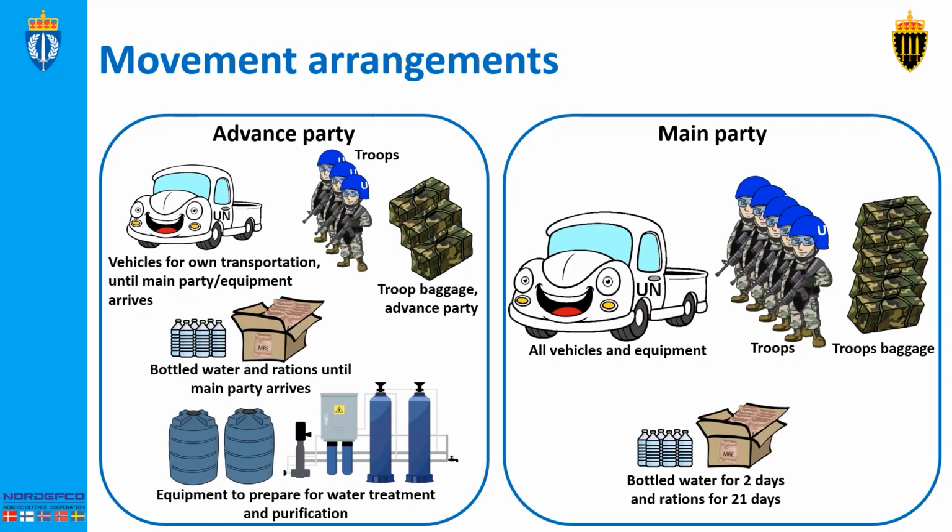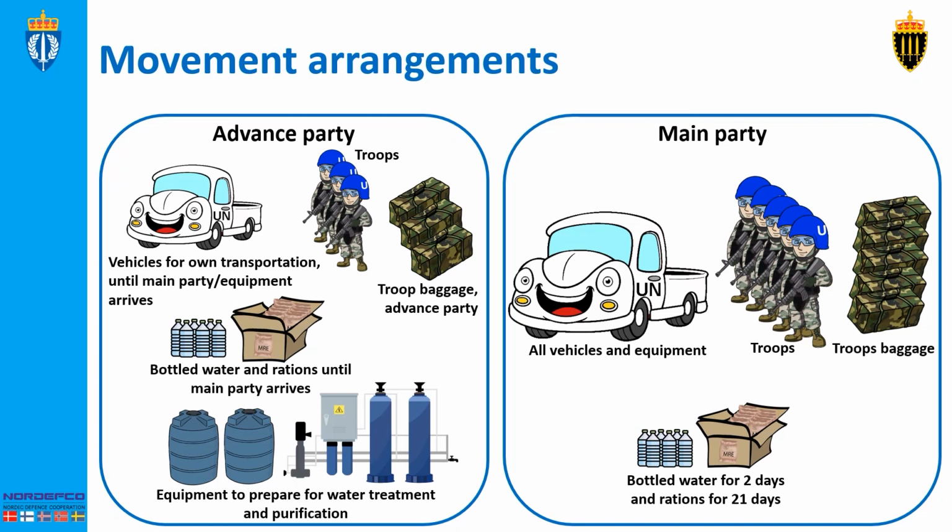This is even more important when we talk about the advance party and the main party in initial deployment. What equipment do we need to send together with the advance party, and what may be sent together with the main party? And what equipment can be shipped with the main equipment, vehicles, or containers?